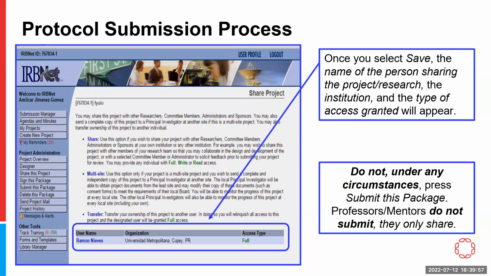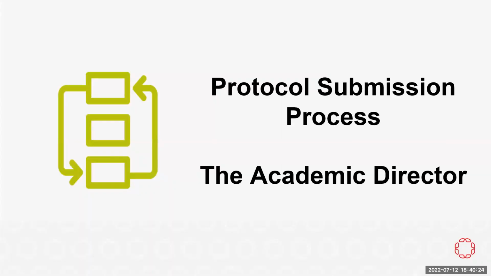Now, if for any reason there is no academic director appointed, you can send the project to the dean of the school or the program director. And that person is the one that should be signing the project. Questions with the mentors.